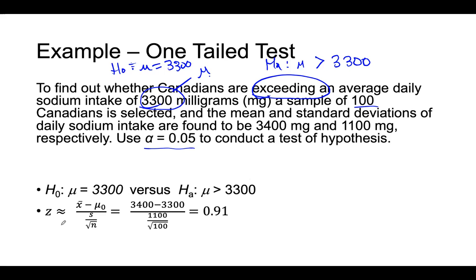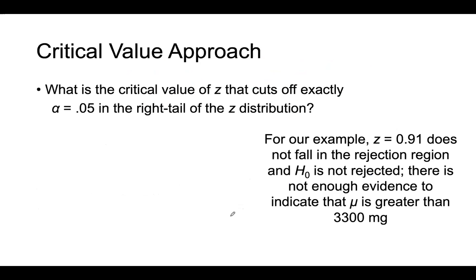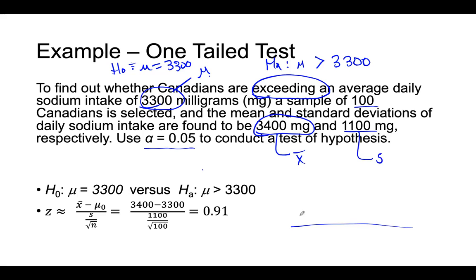Then we calculate that test statistic. We found using the data that the average here is this, and the standard deviation of our sample is this, and we calculate 0.91. So let's do the critical value approach first. That critical value of z cuts off exactly alpha equal to 0.05 in the right tail of the distribution. We're looking this way because we know it's the right tail because of this.